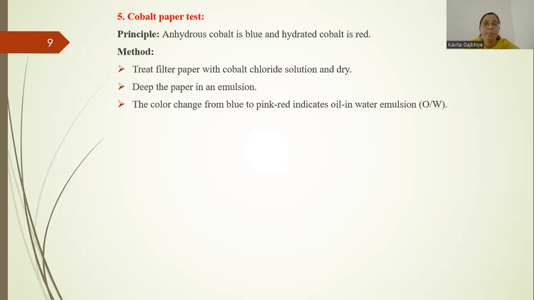So if the color of the filter paper changes from blue to pink or red, it indicates that your emulsion is O by W type of emulsion, because hydrated cobalt is towards the red color. So these are the various tests for identification of emulsion.